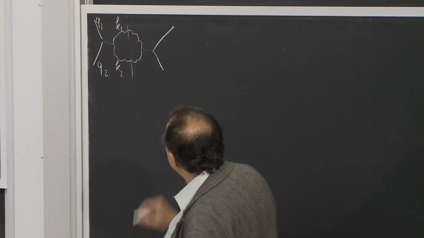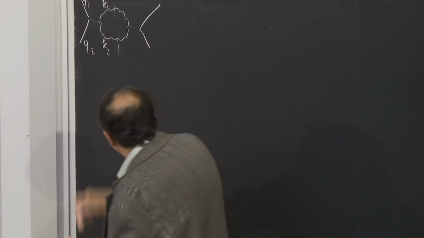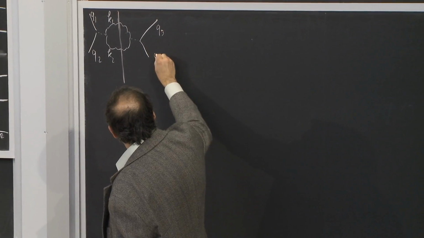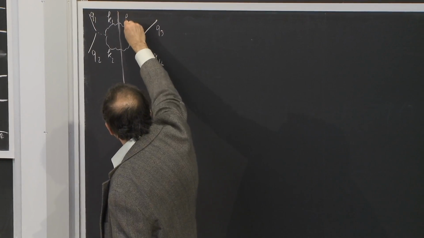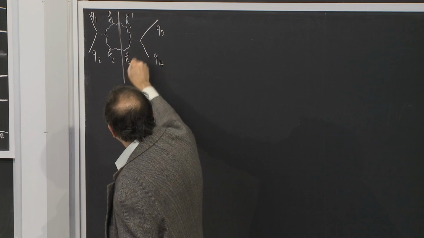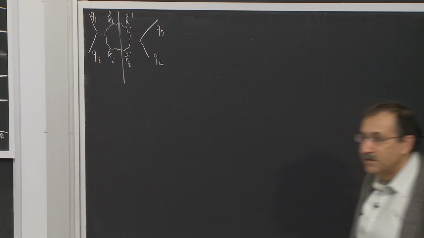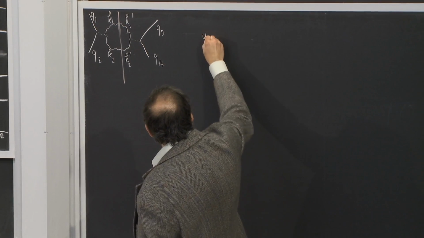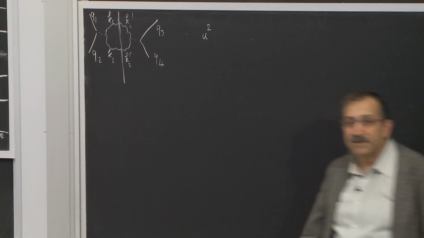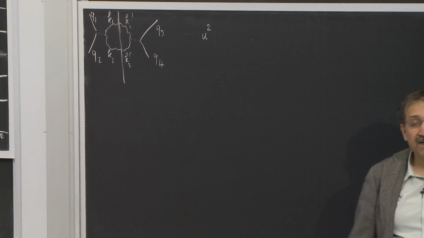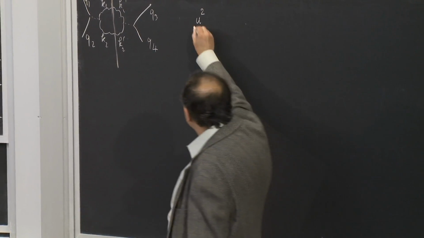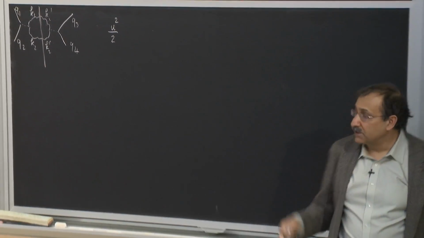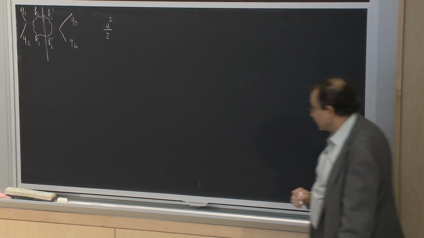And the other u here came from, before I joined them, there was a q3, q4. There was a k1 prime, k2 prime. So let's say the first u, this is a diagram that will contribute at order of u squared. Second order terms in the series all come with a factor of 1/2. It is u to the n divided by n factorial. So this would be explicitly u squared over 2.